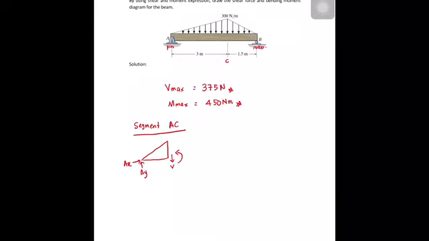Okay. For segment BC or segment CB, so you cut here. For segment CB, you put the X range. Okay, what is your X?